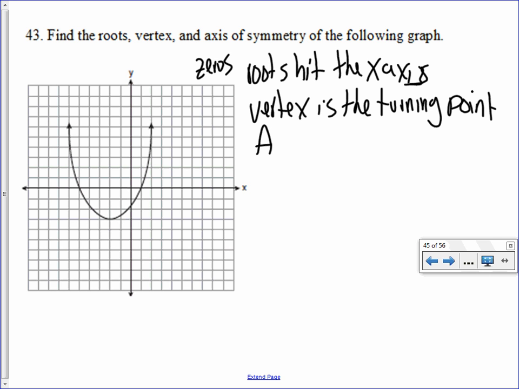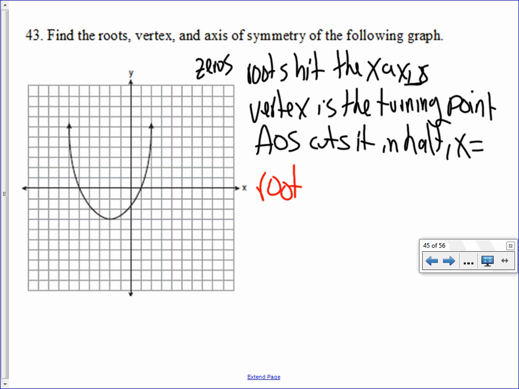And the AOS cuts it in half, and it's always x equals. So, the roots hit the x-axis. Boom, boom.